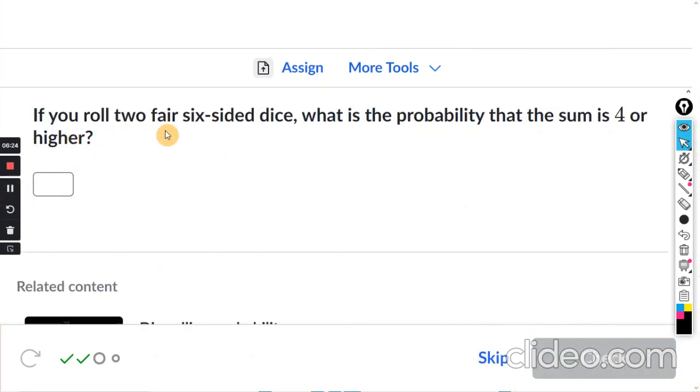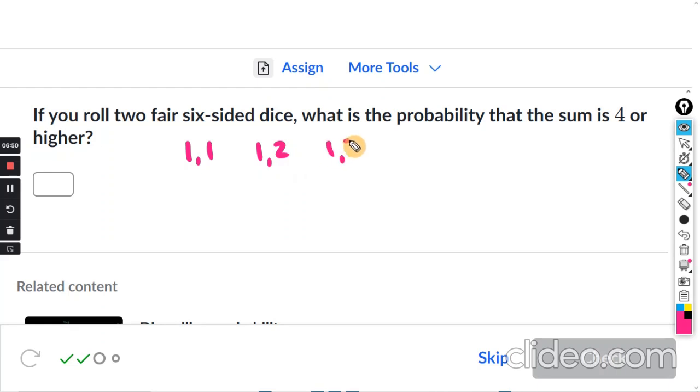All right, if you roll 2 fair 6-sided dice, what is the probability that the sum is 4 or higher? Okay, this one we're going to have to write it out. So we're going to need 6 rows and 6 columns. So the first roll, let's say that's a 1-1. And then a 1-2.